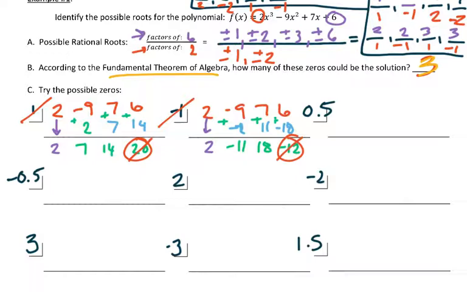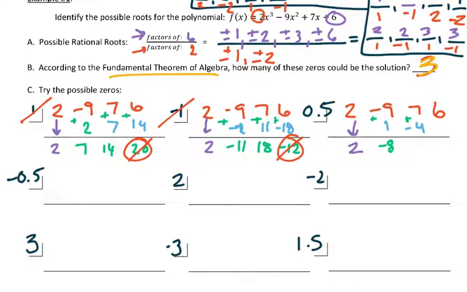0.5, super. So if we try 0.5, synthetic division, bring down our 2, multiply 0.5 times 2, we get a 1. Woohoo! Add the 1 with the -9, we get -8. Multiply -8 and 0.5 and you get -4.